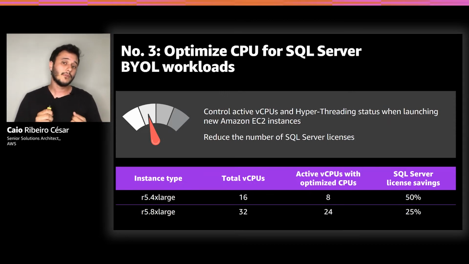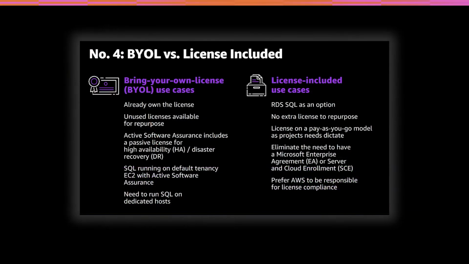Let's take a look at number 4. Licensing is key to understanding how to reduce cost in SQL Server environments. That rings true in AWS as well. So let's say you have a software assurance with Microsoft. What does that mean?